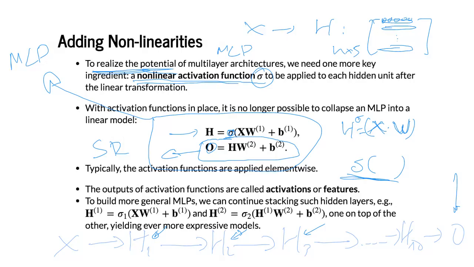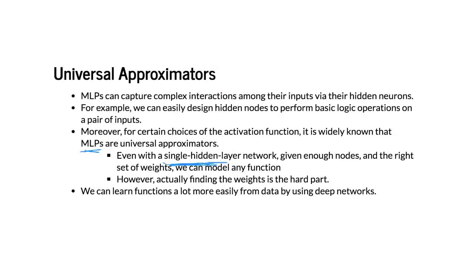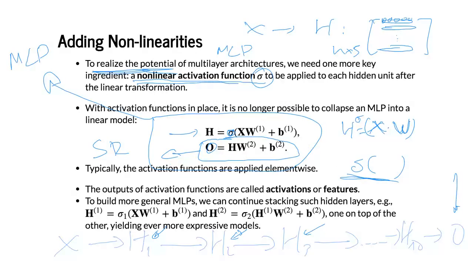like this one over here, is an MLP with a single hidden layer, and a sufficient but arbitrary, finite number of neurons.